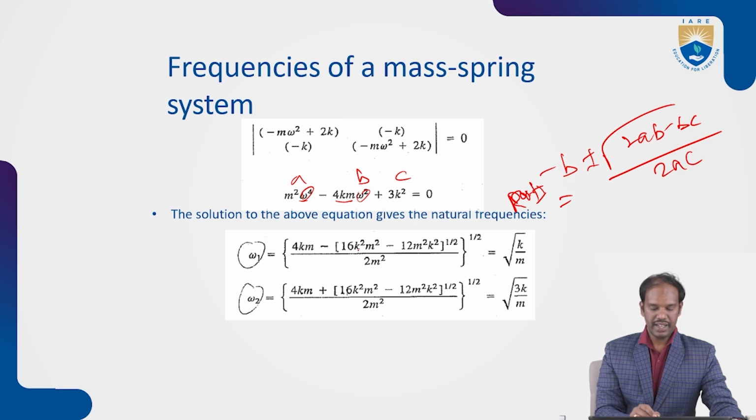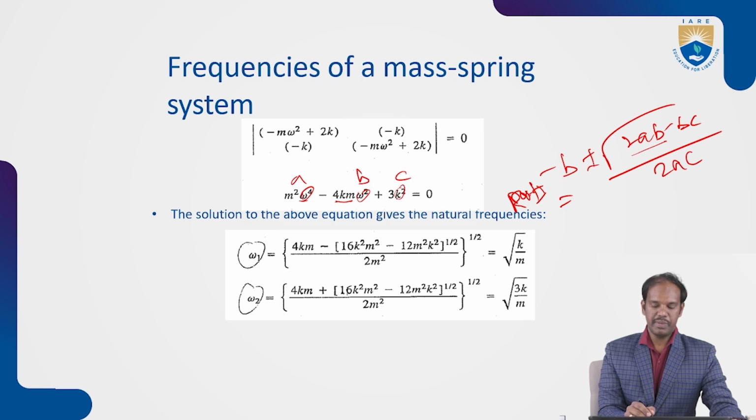So 2 into 3 we have taken 16 and squares, right? We just multiplied all these together, minus 2ab. So 4 into 3 is 12, plus 16 k square m square, and minus 2bc, 4 into 3 is 12. Under root we take half here. So here 2ac, 2 into a equals m square, okay.